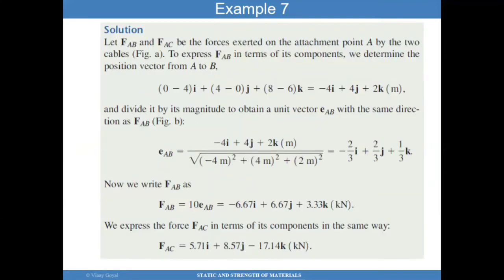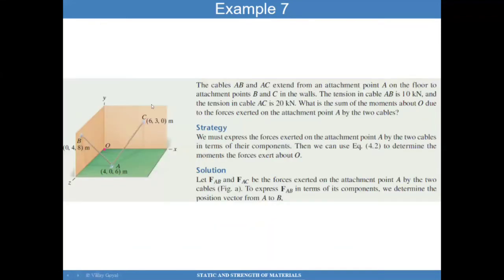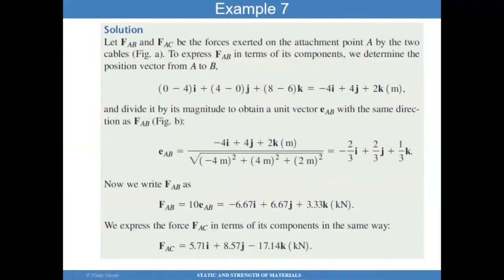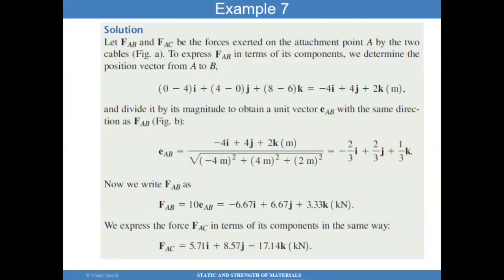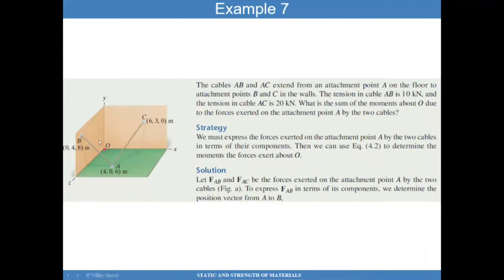So we can do that. The force from A to B can be calculated simply by finding the distance between these 2 points, and then also by subtracting 6 minus 4, 3 minus 0, 0 minus 6. That will give us the components of I, J, and K. You can see that here, the components of I, J, and K. I'm sorry, that one was from BA, not AC, but it's the same process.